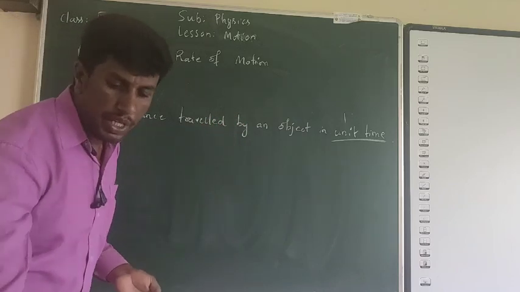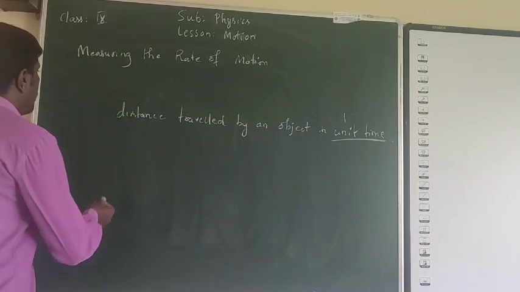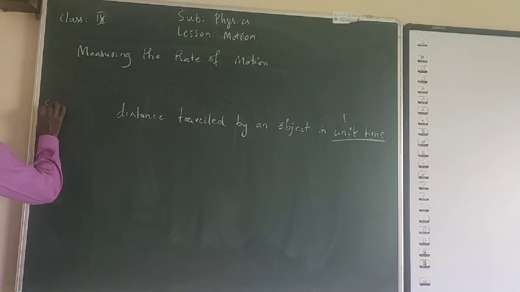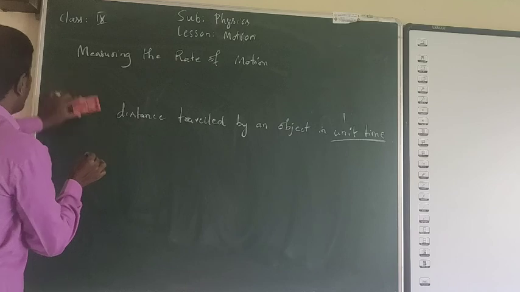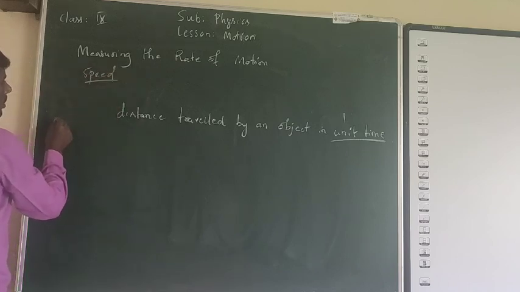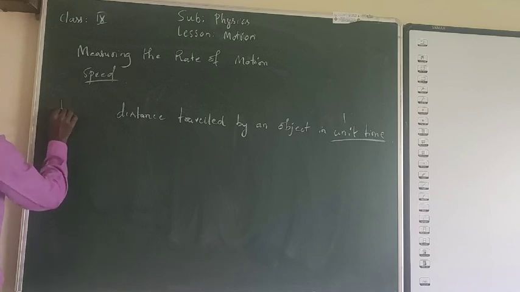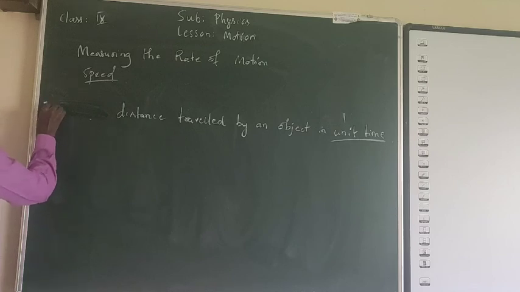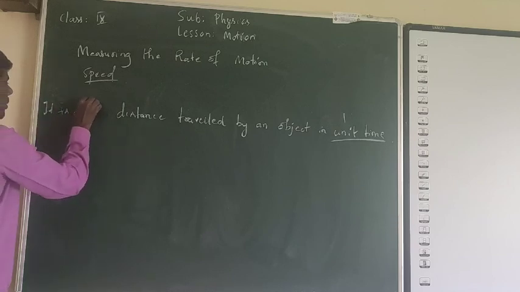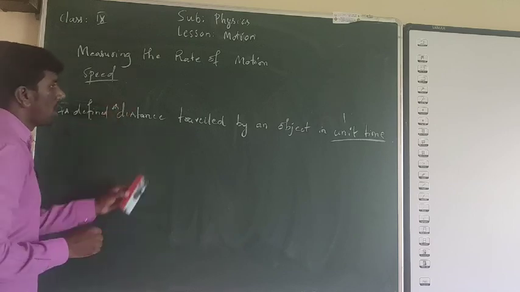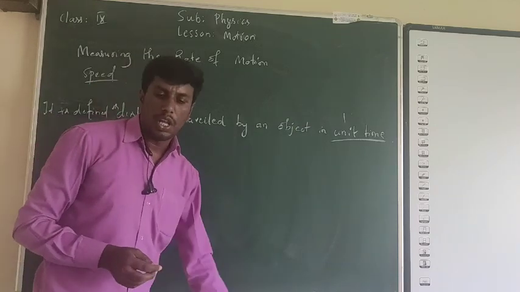So what do you mean by speed? Speed is defined as the distance traveled by an object in unit time.